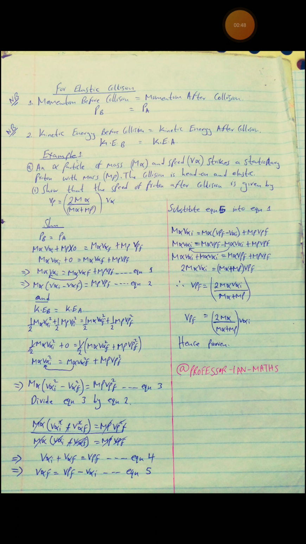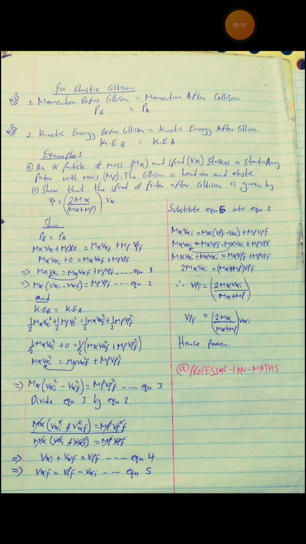Therefore, momentum and kinetic energy are both conserved. That is worth noting. Now, we are told to show that the speed of the proton after collision is given by Vp is equal to 2m alpha over (m alpha plus mp) multiplied by v alpha.